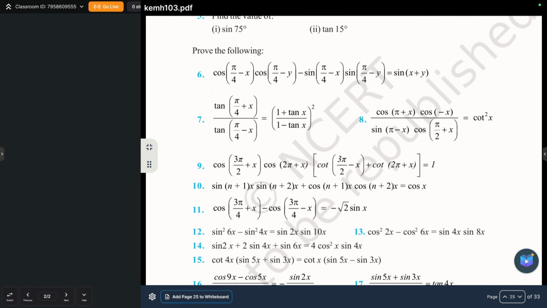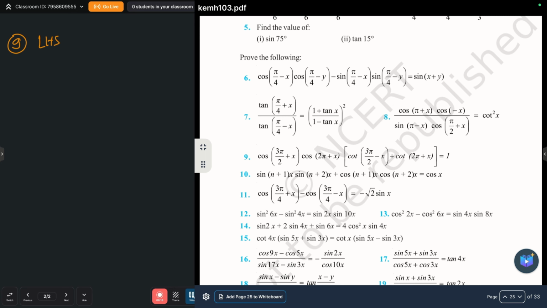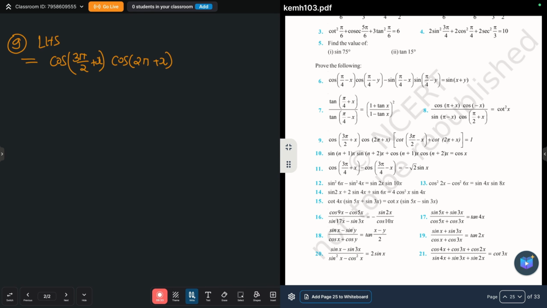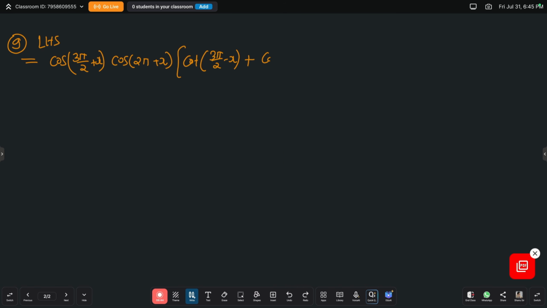Question number 9. The left hand side, LHS, is cos(3 pi by 2 plus x) cos(2 pi plus x) multiplied by cot(3 pi by 2 minus x) plus cot(2 pi plus x).